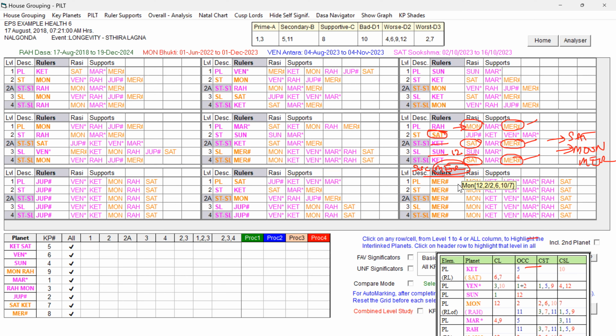The 8th sublord planet Mercury, Mercury in its own star and sub, all levels ruled by Mercury. That Mercury is strongly unfavorable, as we already discussed, and Mercury is influenced by Moon and also Saturn. So all levels are ruled by Mercury. Mercury is not a mixed planet.